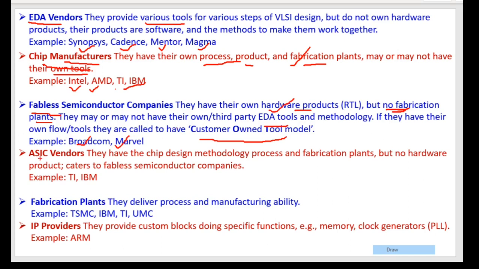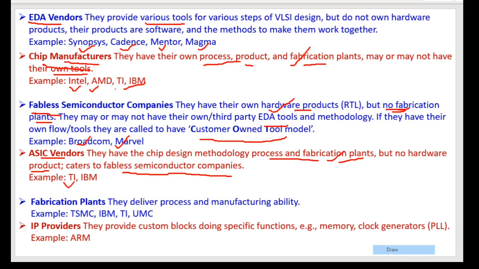Then there are some ASIC vendors. They have the chip design methodology, process, and fabrication plants. Okay, but no hardware products. So what is their business? They will cater to fabless semiconductor companies. Okay, they don't produce products. They have the fabrication plants, and they will cater to these fabless semiconductor companies.